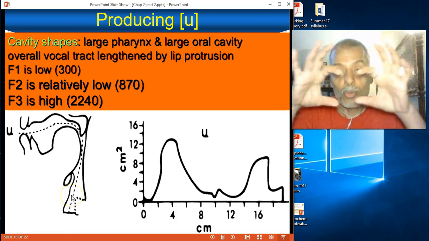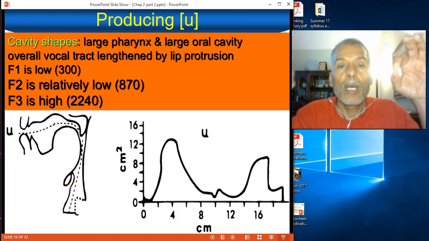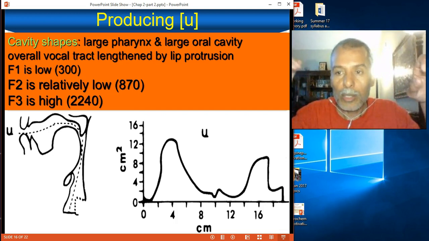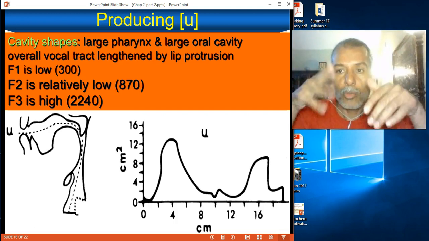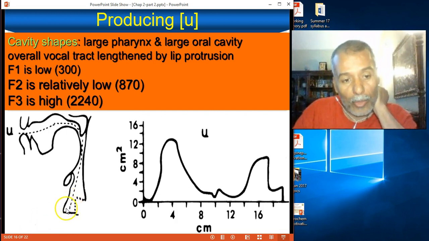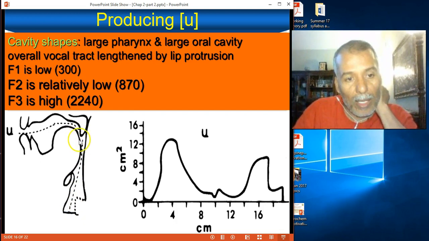The length of the tube is going to determine how low or high the resonant frequency is. The longer the tube is, the lower the frequency. The shorter the tube, the higher the frequency. So if you get a string and trace this, the tongue is now acting like a mountain peak.